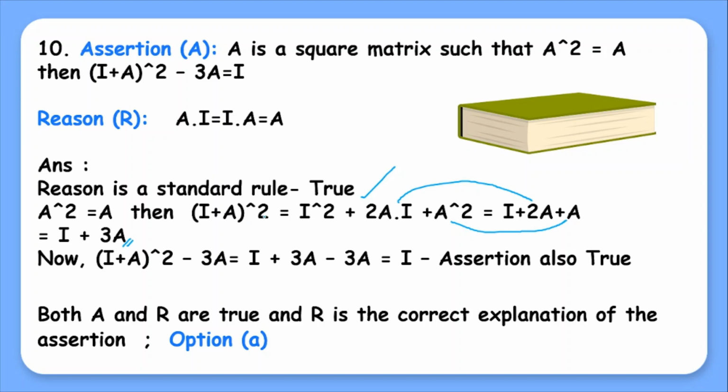So (I plus A) the whole square is I plus 3A. If you transpose it to the left side, (I plus A) the whole square minus 3A equal to I. This is what the given assertion says. So the assertion is also a true statement, and whatever formula is given as the reason, we used it here. So the reason is used in the assertion. So we go for option A. Both A and R are true, and R is the correct explanation of the assertion.